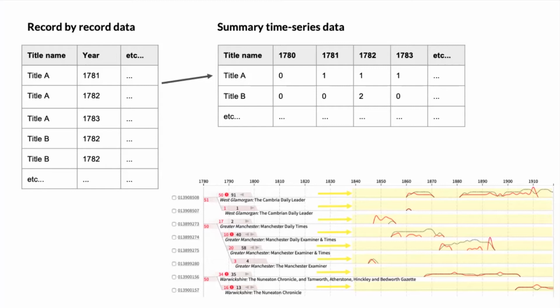So what I need to do is transform my record by record data, the shape of the data on the top left of the slide, into a summary time series data, so that for each year, I've got the total count of items for each title. So you need to do this change of shape in order to create the line graph like this.